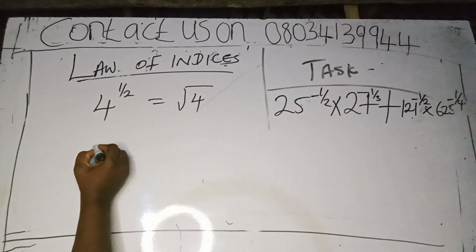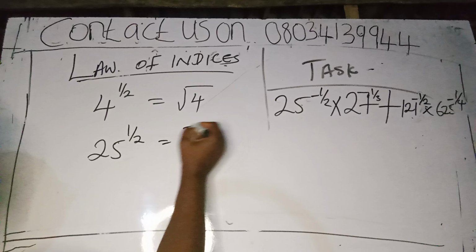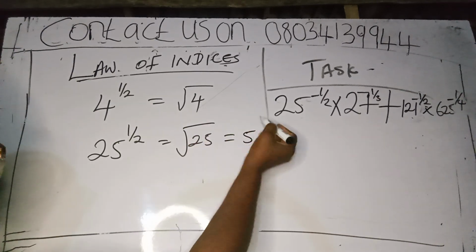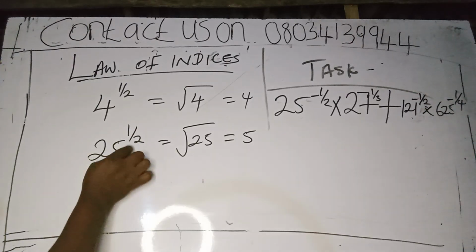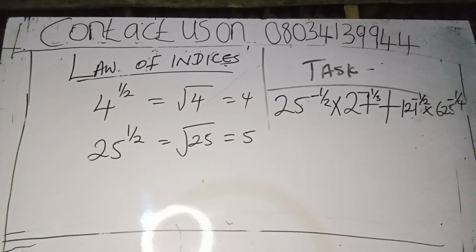So if I have 25 raised to the power of half, it is simply the square root of 25, which will give me 5. So anytime a number or a base is raised to power of a fraction 1 over 2 only, we just express it as a square root, and that is why we call it root law.